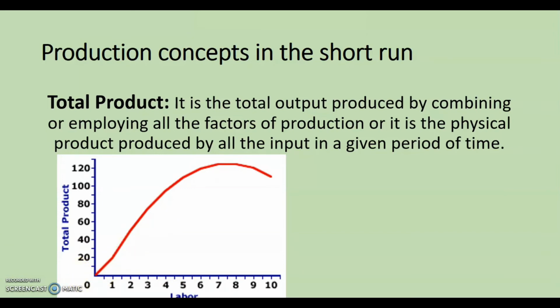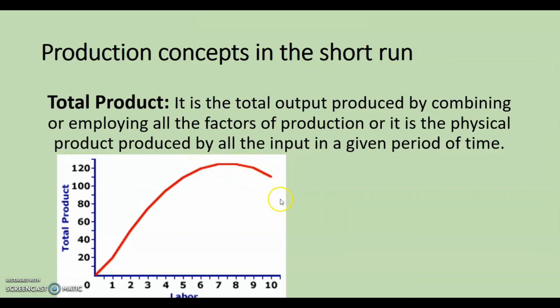Now we have two ways in which the total product increases: total product increasing at an increasing rate, and total product increasing at a decreasing rate. Then the total product attains a maximum, that is the highest total product. Then the total product begins to what?